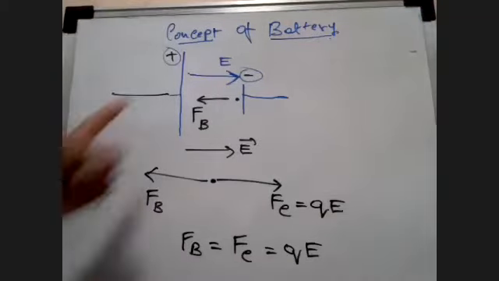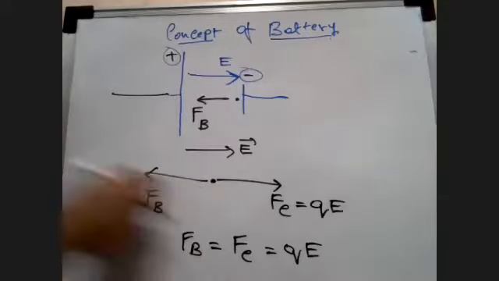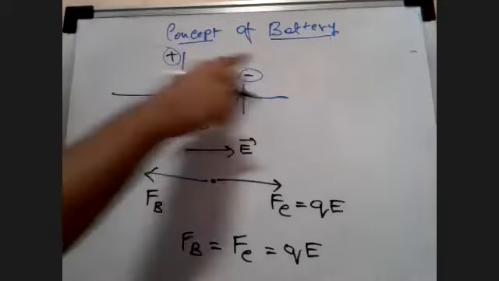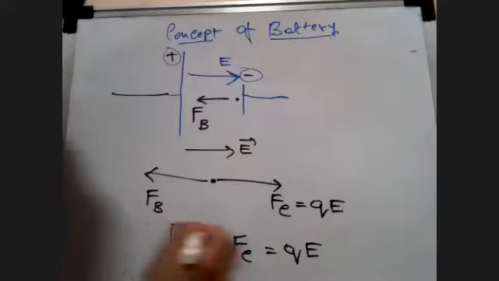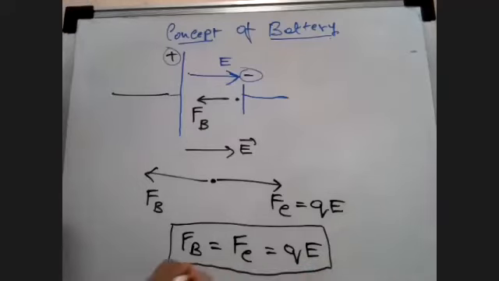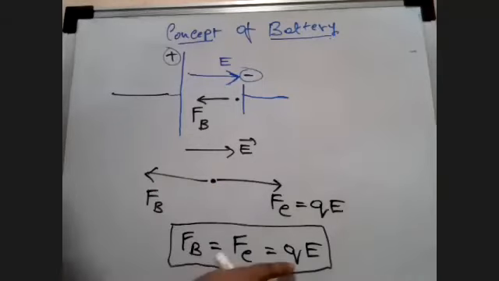Why? Because there is no movement of charge. The force on any point in between will be equal: force due to the battery and force due to the electric field of the battery. In steady state, this remains true. The magnitude is Q times E. Please pay attention. Q times E.